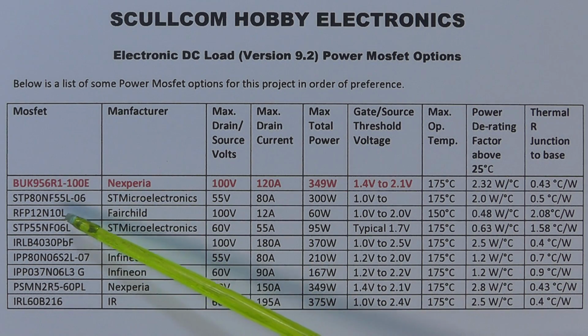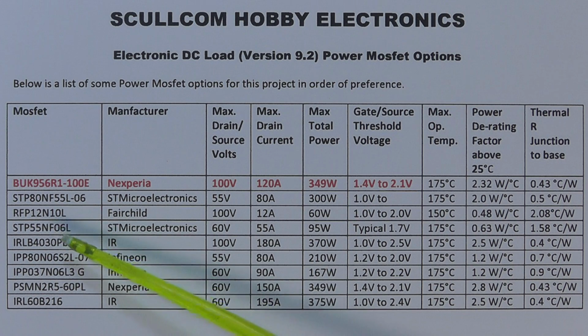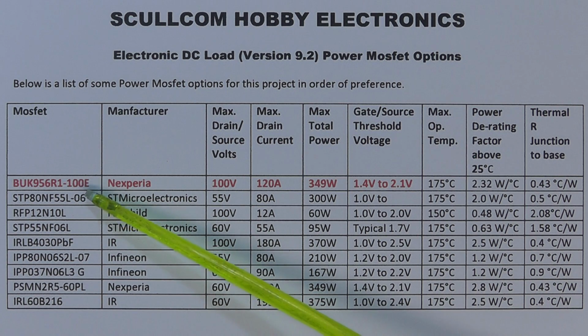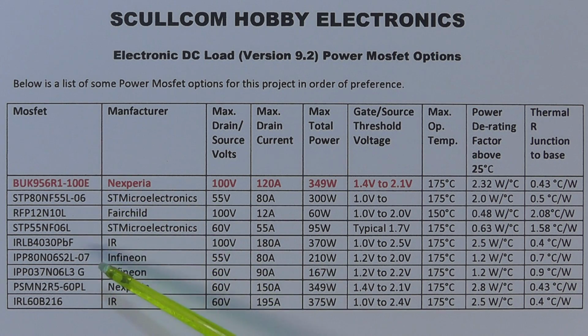Below that we have a few other power MOSFETs, one by Fairchild, another one by ST Microelectronics, and then one by IR, International Rectifier. It's actually the first 5 power MOSFETs on this list that are the preferred ones, and then you have some less obvious ones from Infineon.